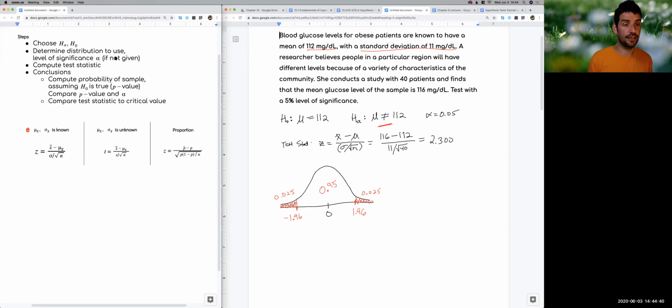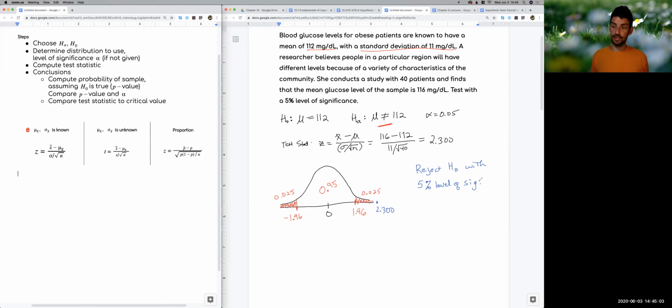And in fact, it is, right? Our test score is 2.3. That's going to be somewhere up here, which means we will reject H naught with a 5% level of significance.